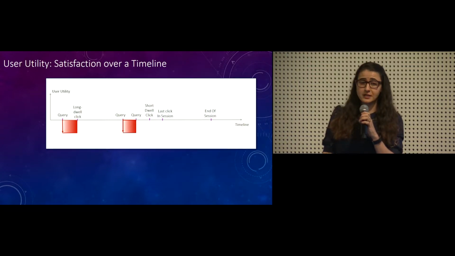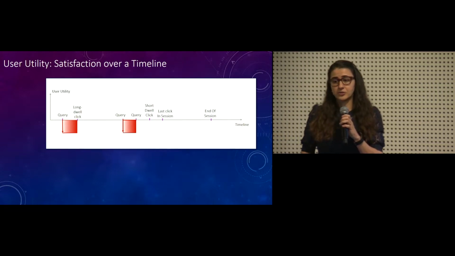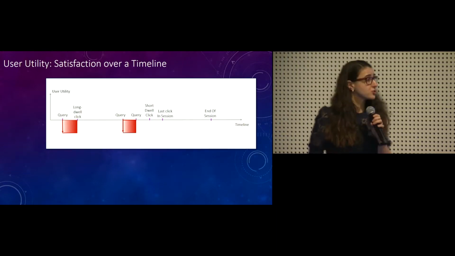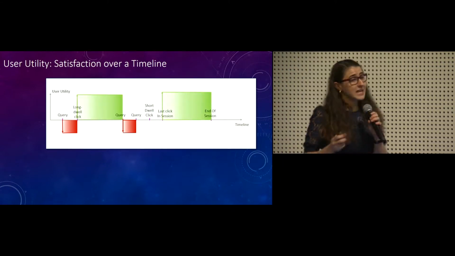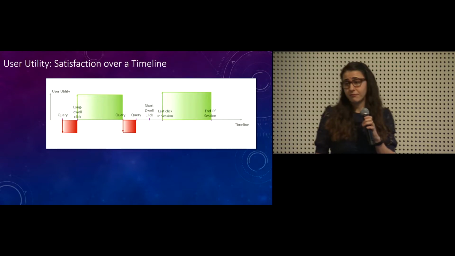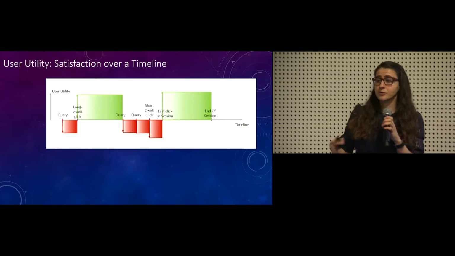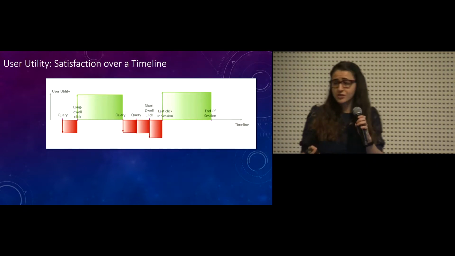The user is inspecting the search result page and looking for the information. They have not started consuming that information. However, once they click on a URL and spend a long time there, they're consuming that information, so it overall has a positive effect on the user utility. We do similar analysis for other interactions that we have.